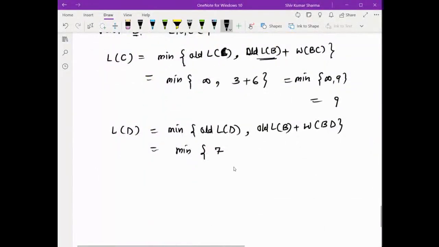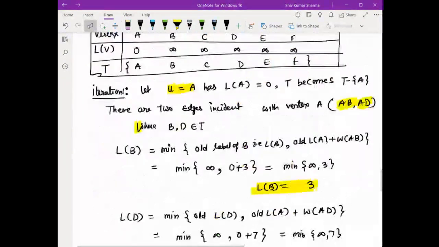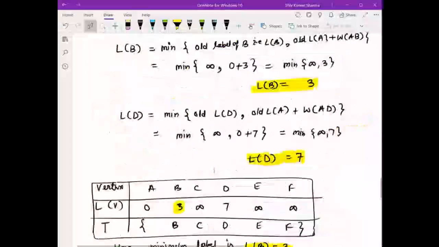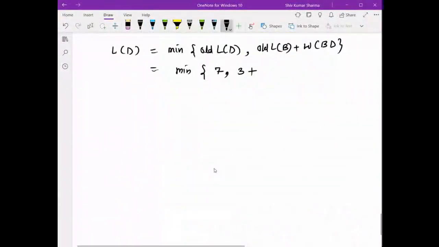So now we write the 7, comma, old level of B. Old level of B is 3 plus weight of BD. What is the weight of BD? BD weight is 1. So this is equal to minimum of 7 comma 4. The minimum is 4. So now new level of D is 4.